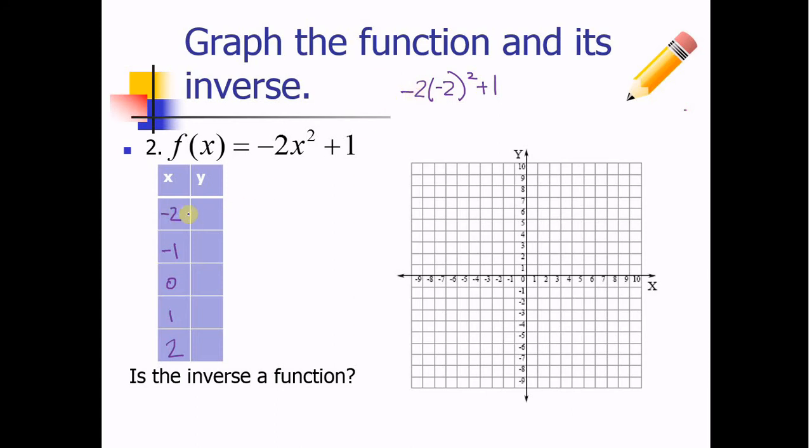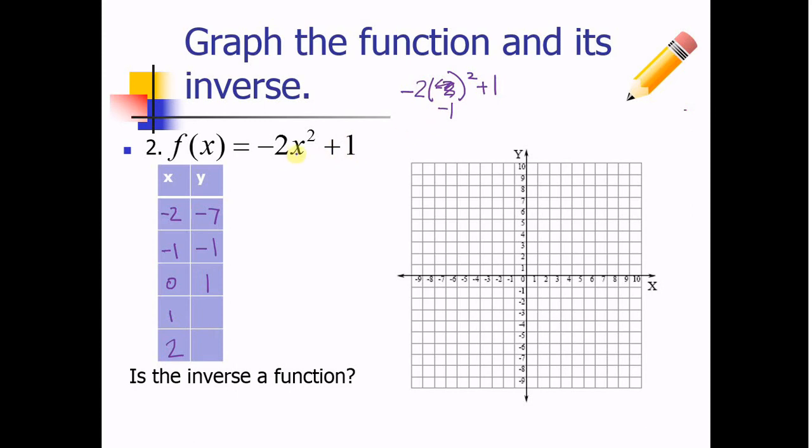Plus 1, that's -7, I think. -1, so if I cross out -2, put a -1 there. -1 squared, 1 times -2, -2 plus 1, -1. Plug in over 0, I hope I get 1.